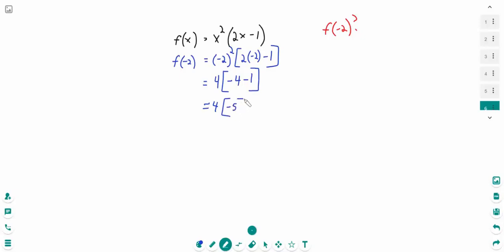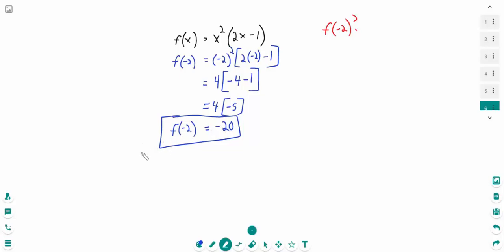That'll give us a negative 5. And then 4 times a negative 5 is a negative 20. So f of negative 2 is equal to negative 20. Okay? F evaluated at negative 2 is negative 20.